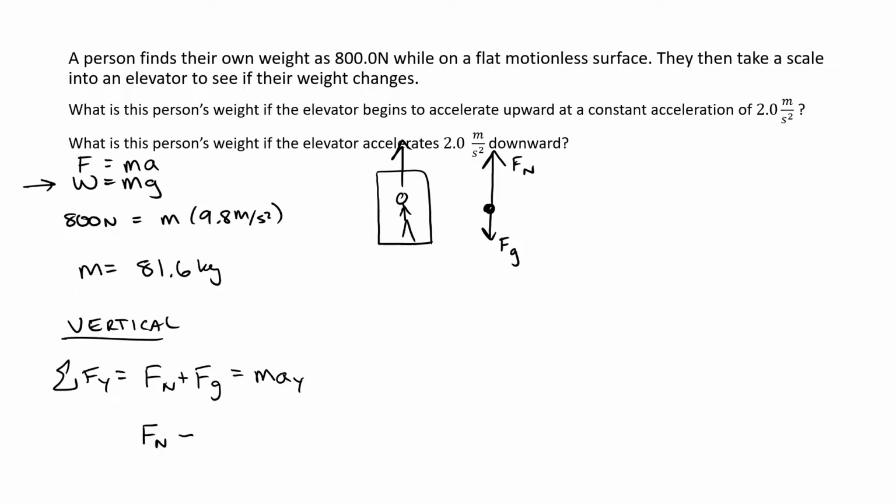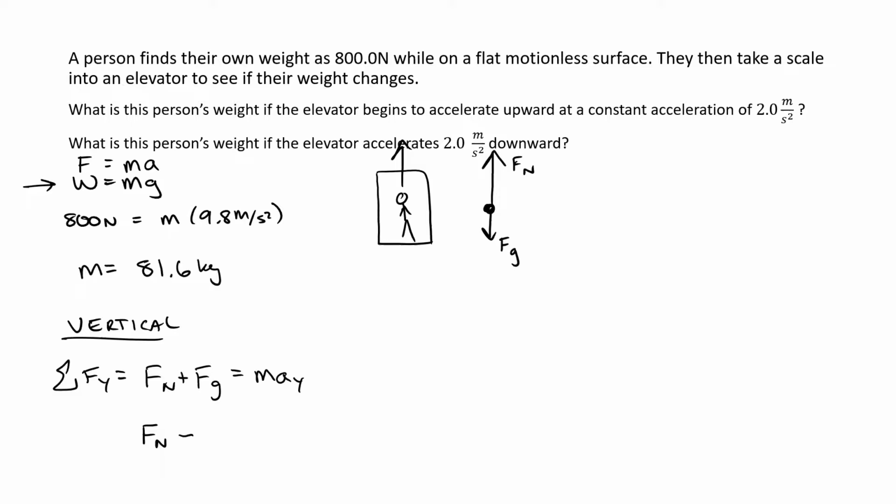We know that when they're at rest, like this book, or a person standing on the scale, by Newton's third law, I'm forcing down, the scale's forcing up. So that normal force from the scale is the same as my weight pushing down. That means that at one point, it measured my force of gravity downward at 800 newtons.